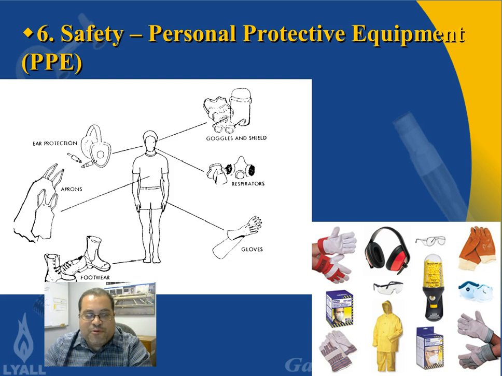So you just have to be aware of what you're doing. And of course, you have to have proper footwear. Steel-toed boots are very common in a lot of industrial environments. Okay, and these are just some other images of different types of gloves and different types of safety equipment that are available.